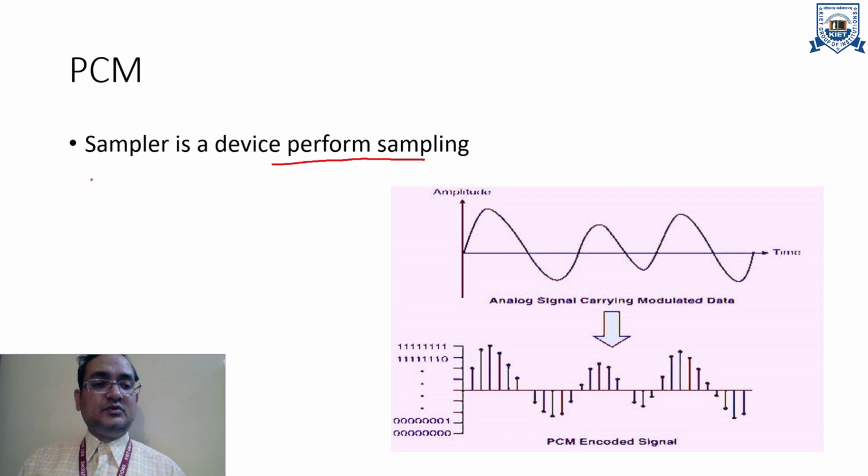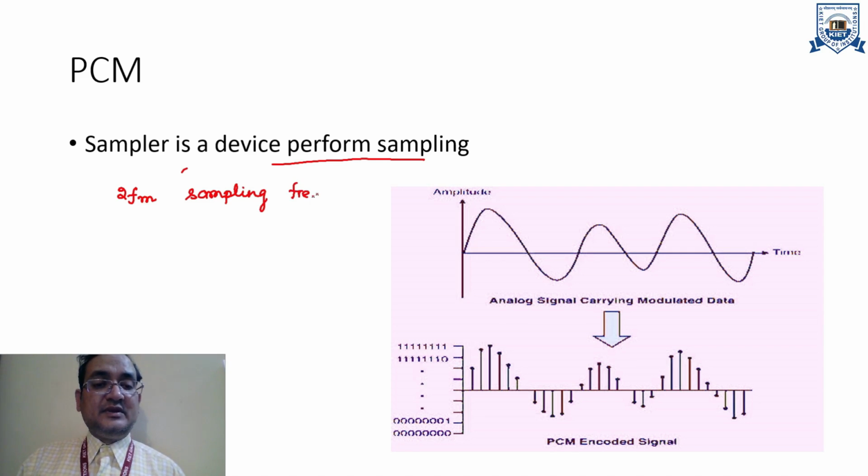For example, as we know, according to the low pass sampling theorem, any band limited signal having maximum frequency content FM can be recovered from the knowledge of its sample values taken at a rate of twice of FM samples per second. This twice FM is the minimum required sampling rate. So point to be noted, this is the sampling frequency.